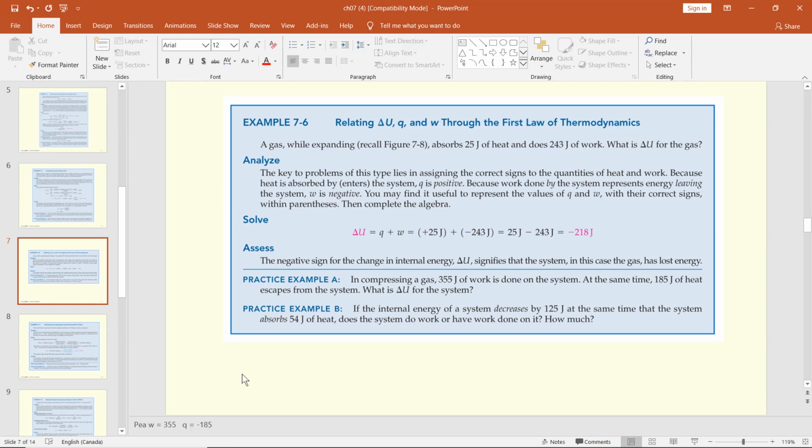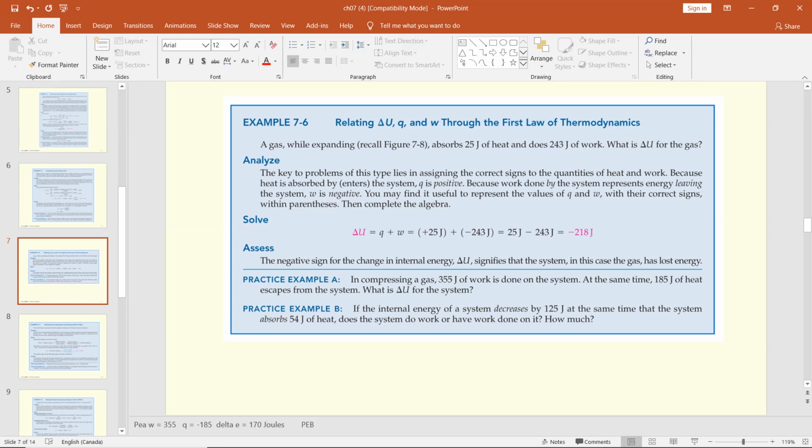We want to get delta U, or energy change. Delta E equals Q plus W. So negative 185 plus 355 is 170, and those units are joules. Okay? Now practice example B.